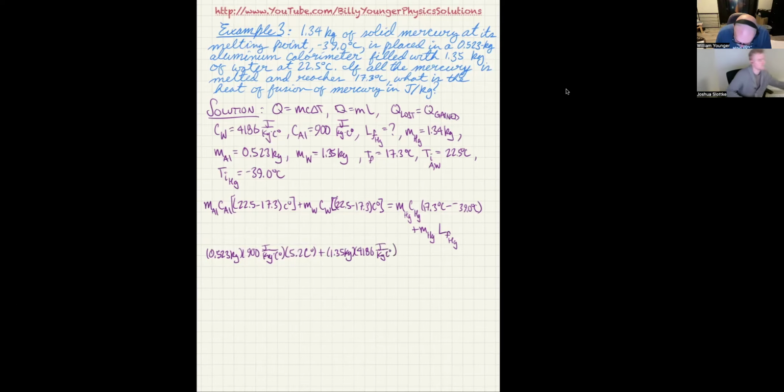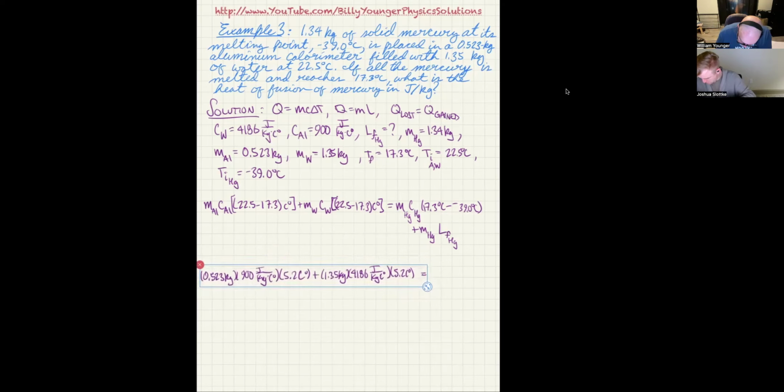And the change in temperature is also 5.2 Celsius degrees. And this is all equal to, I didn't really move it as low as I should have. Let's move it one more time. Cut, paste. That was pretty good there.